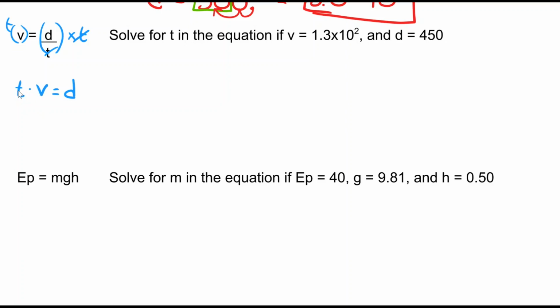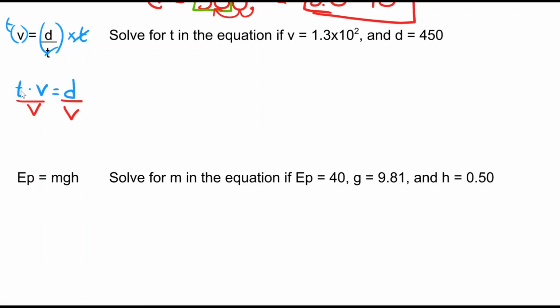Okay. So t times v equals d. We still want t by itself. So what's happening to t right now? It's being multiplied by v. Well, what's the opposite of multiplying by v? Dividing by v.